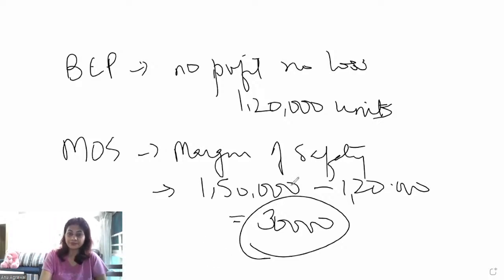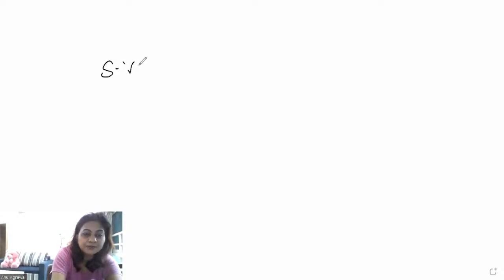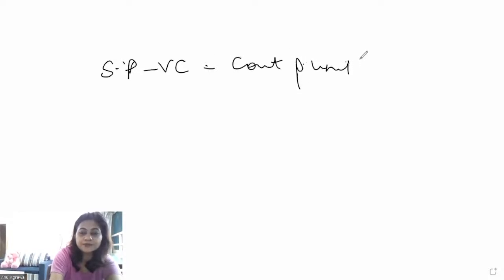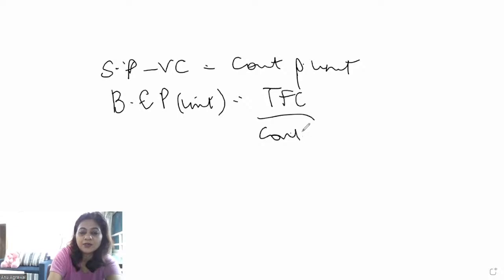Okay, so now if I try to put it like this, selling price minus variable cost is equal to contribution per unit. And if I want to find out break even point in unit terms, it'll be total fixed cost divided by contribution per unit.